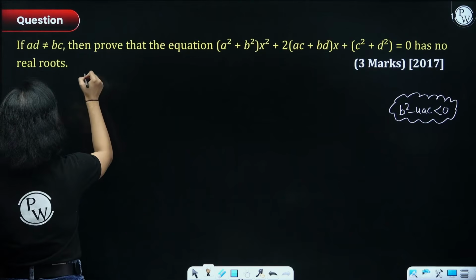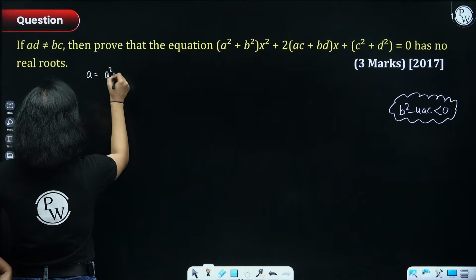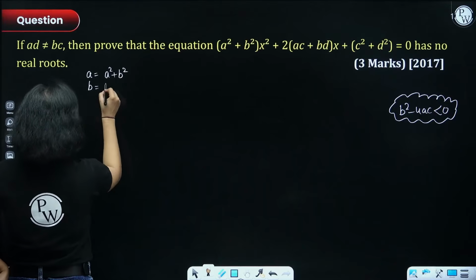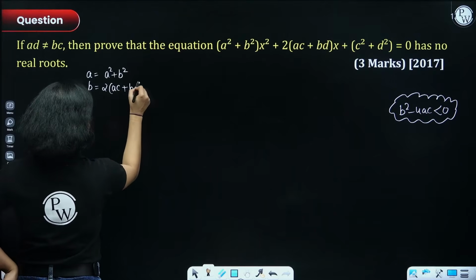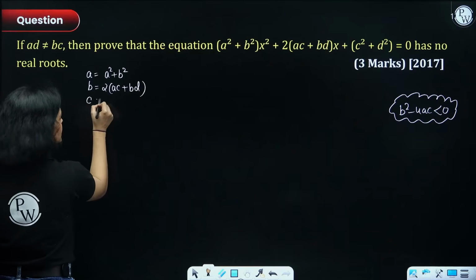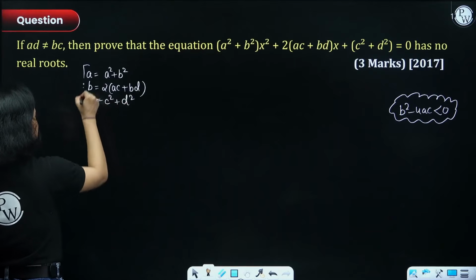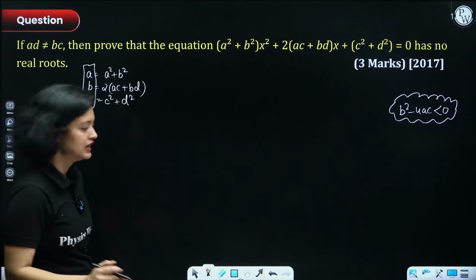So first of all, let's write the value of a, b and c. So here the value of a is a square plus b square. Okay? The value of b is twice of AC plus BD, and the value of c is c square plus d square. Please don't get confused between A, B, C. This here is basically for the standard form of quadratic equation.